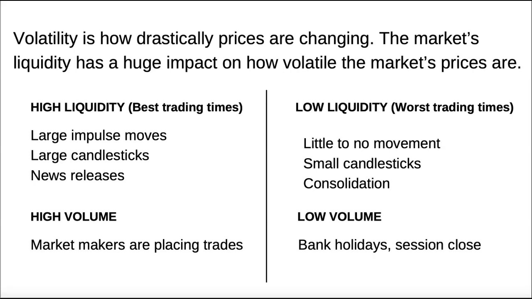Now, low liquidity, which is not the time that we want to be trading, has little to no movement and very small candlesticks, and you'll see a ranging market, which is also known as consolidation. You want to make sure that you are not entering trades during these times. You never want to force trades. You always want to react to the market instead of trying to predict the market. Another thing that causes low volume is bank holidays, and typically the session close.